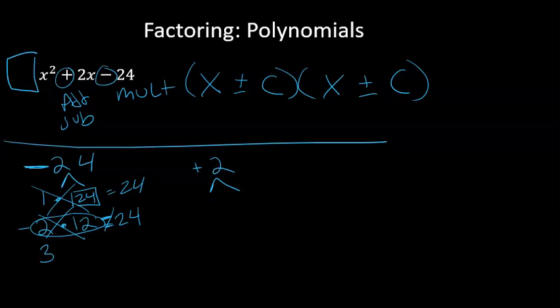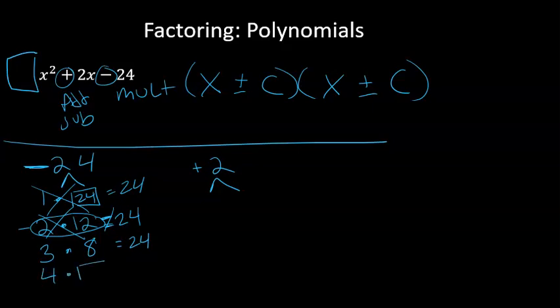If I needed 24, I could do 8, right? That gives me a 24, but does that give me an 8 minus 3? Well, that wouldn't be a 2. It would be a 5, but I'm getting close.